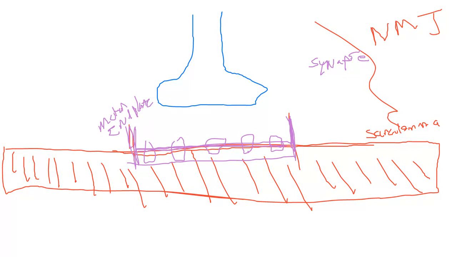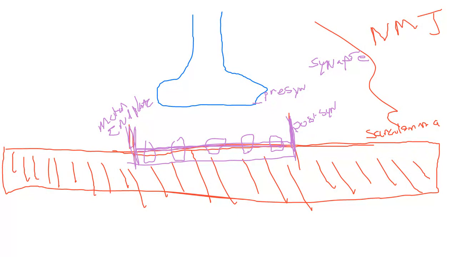This is, again, one way. So this is called the presynaptic membrane. That's where your neurotransmitter is released. This membrane, our motor end plate, is going to be our postsynaptic membrane. It's going to be receiving the neurotransmitter.